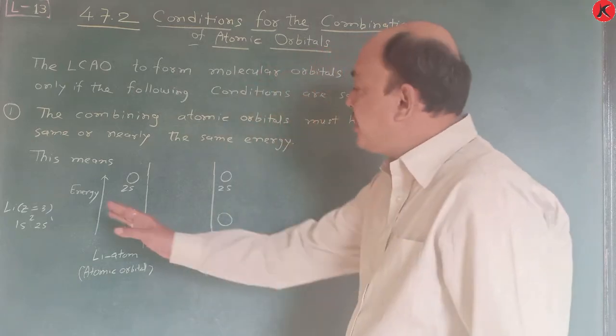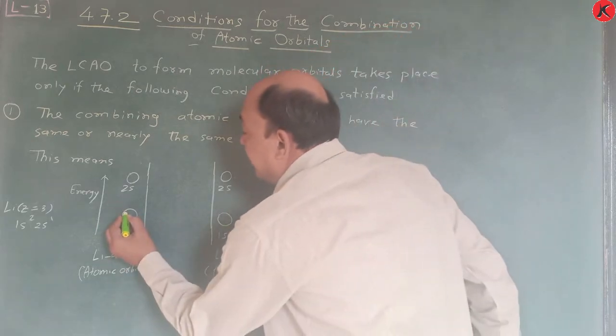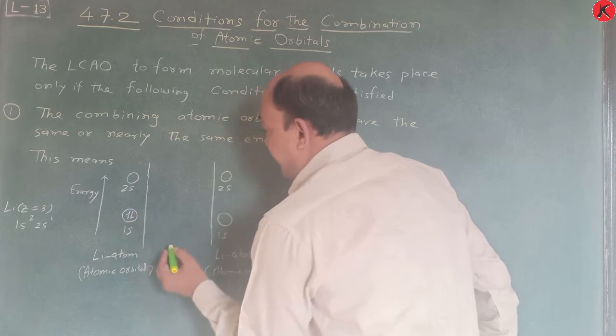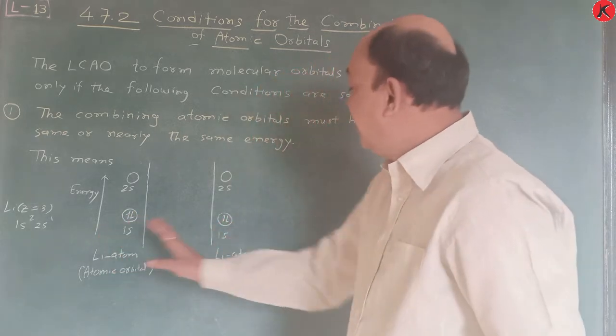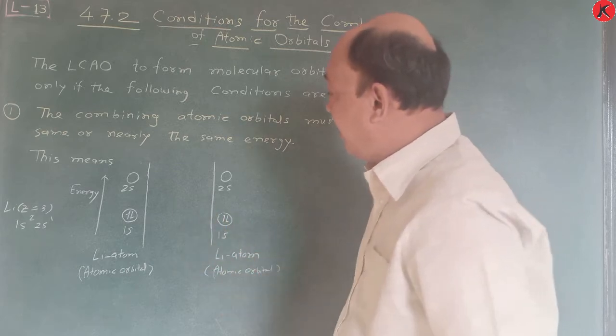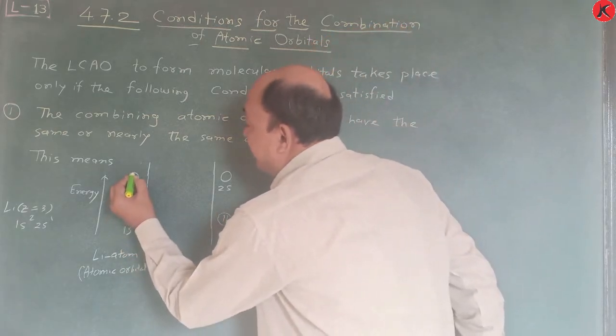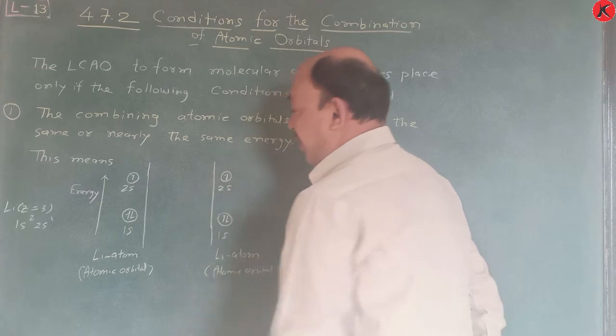So in the ground state, in the 1s orbital 2 electrons are present. In the other lithium atom's 1s orbital also 2 electrons are there. So 1s contains 2 electrons, and the 2s orbital contains 1 electron.